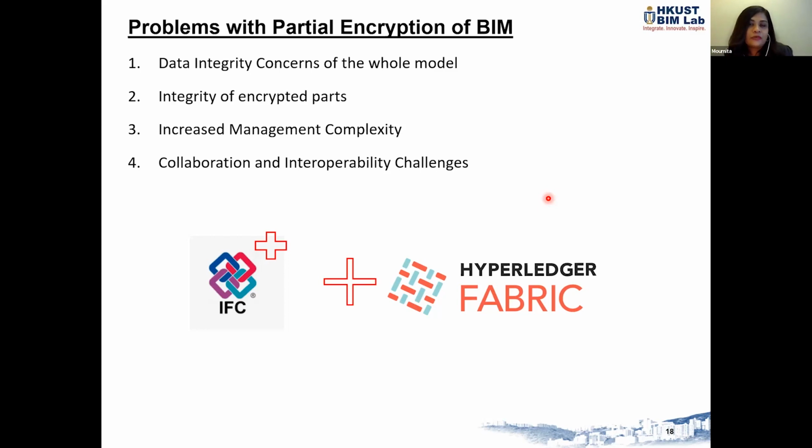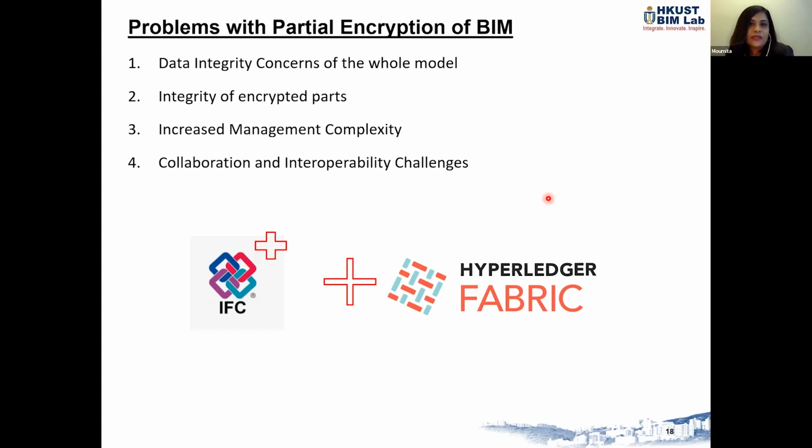While encrypting, if you miss out on some relations, it might hamper the integrity of the entire model. The second one is the integrity of the encrypted parts. If I'm the owner of an encrypted part and I make some changes to it, there's no way for the manager to figure out whether I have made any changes or not. And obviously, there is increased management complexity and collaboration challenges.